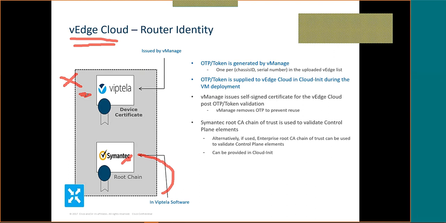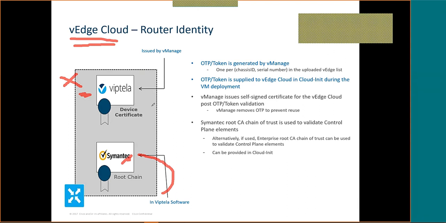Optionally, vManage can issue self-signed certificates to the vEdge devices in the virtual platform. Or you can say if a vEdge is not available with an inbuilt certificate, it can take the help of an internal certificate authority, which is vManage. From vManage, it can use its unique certificate.